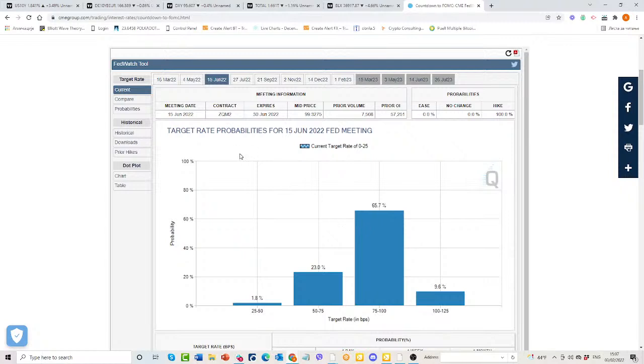So as you can see, the market is pretty much poised, reflecting the hawkish stance of the Federal Reserve to catch up with inflationary numbers, and they're pricing aggressively the next 3 hikes in the next 3 meetings.